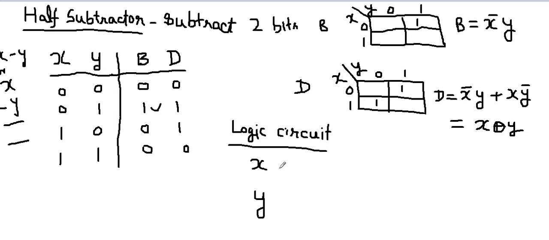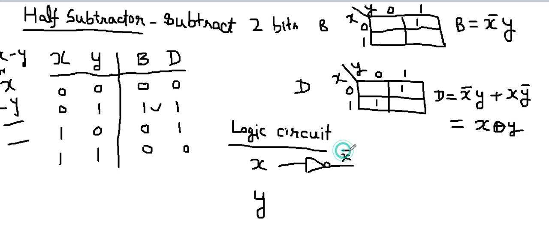So to become x complement we will use the NOT gate or the inverter, right, which is this NOT gate. It negates the input. So if the input is 0, it will be 1 here. If the input is 1, then it will negate it to 0. So the input is x, so it will be x complement here, right?